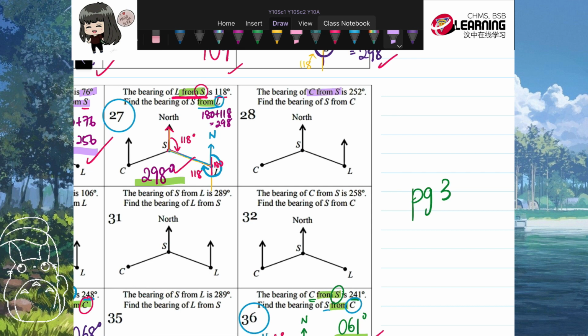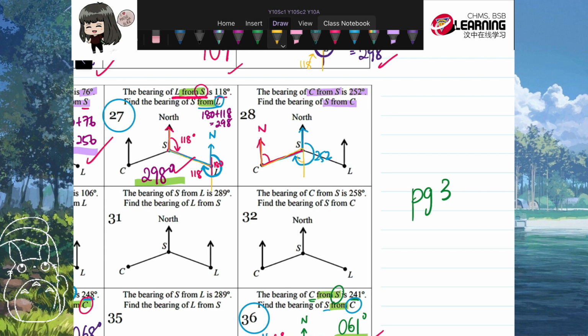From S, form a north 252 connecting line CS. 252 is this whole thing, and you need to find the bearing of S from C. So from C, form a north, and then the connecting line CS, and this is the angle that you need to find. This is 252, and the alternate angle is like this.